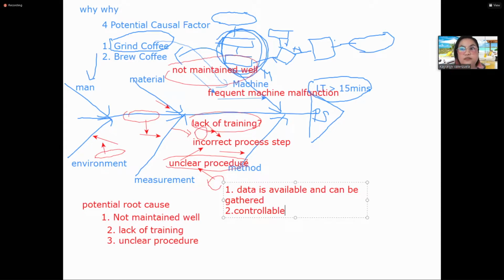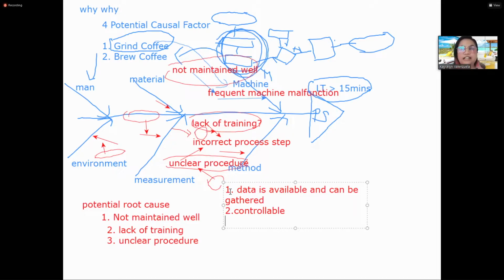So, even if you found the root cause and you can control it, you can improve it, tama ba? You can just mitigate. So, kailangan ma-identify nyo yun para malaman nyo, okay, titigil na ako sa 5th why or sa 3rd why or sa 2nd why or kailangan ko pang mag-dig deeper.